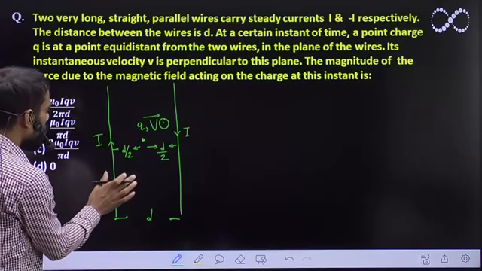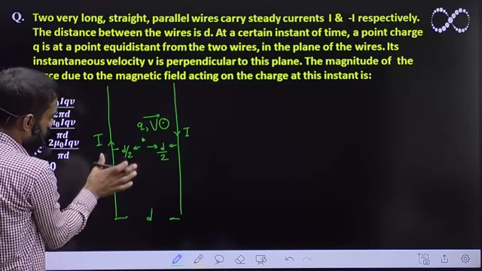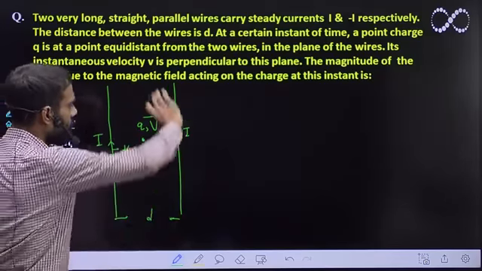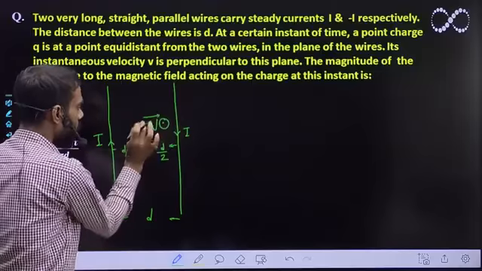Now see, for this wire the magnetic field will be perpendicular to the plane. For this wire also the magnetic field will be perpendicular to the plane.